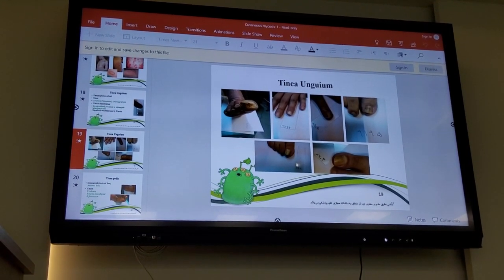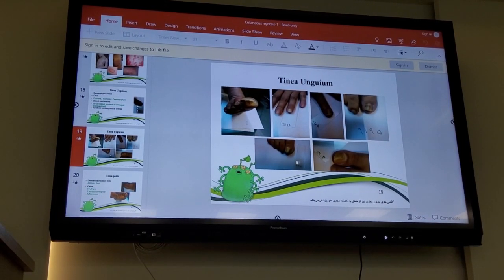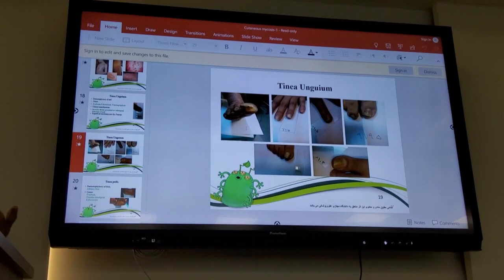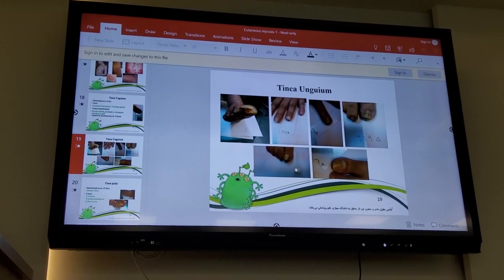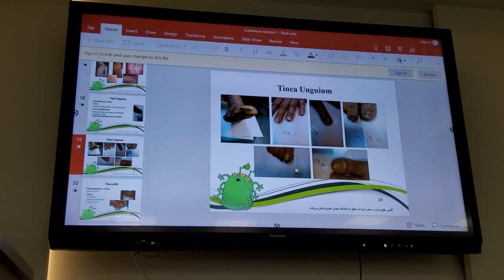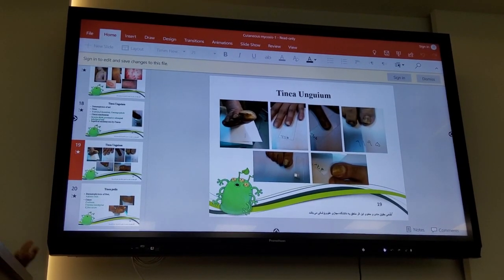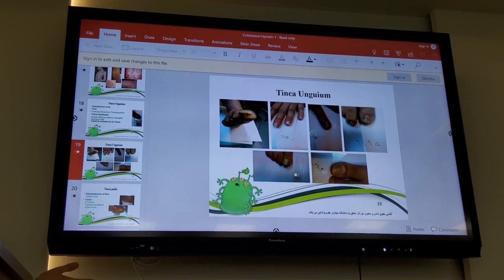There are many disorders that involve the nail, from malnutrition and vitamin deficiency to cancer lesions, kidney disease, thyroid disease, metabolic disease, and diabetes.